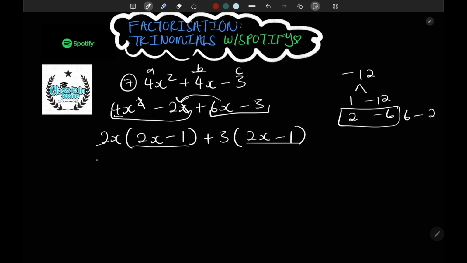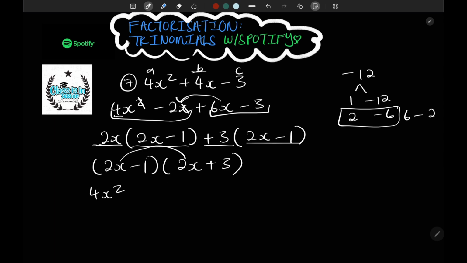If you weren't, you just swap these. Now let's factorize this. In the first bracket, you have 2x minus 1. In the second bracket, you have what's outside, 2x and plus 3. So 2x plus 3. That's your factorization. Let's check whether it's accurate by distributing. 2x times 2x is 4x squared. 2x times 3 is plus 6x.